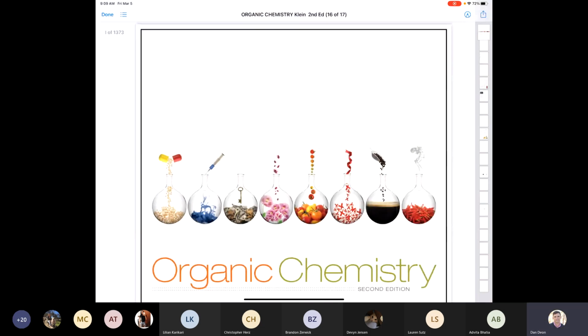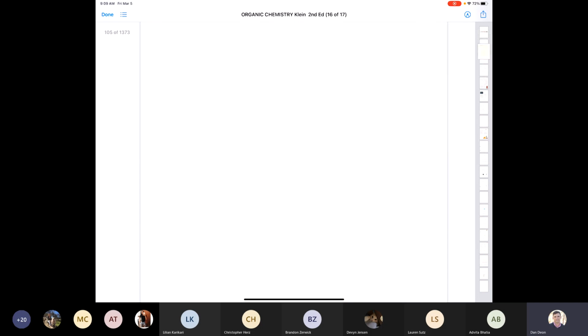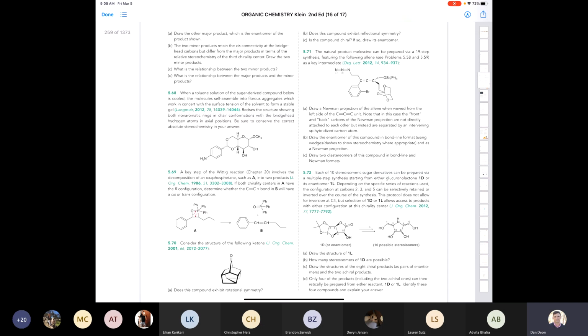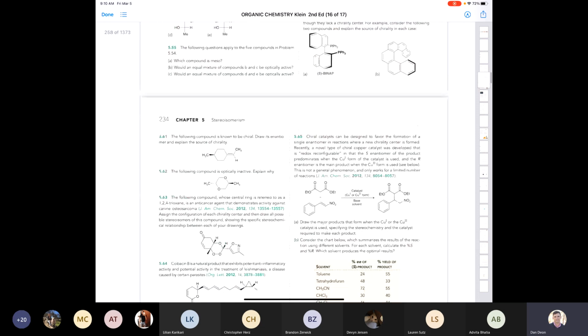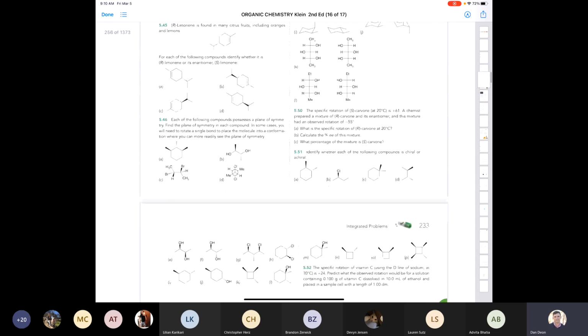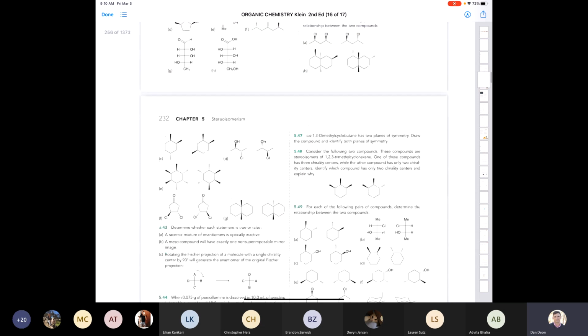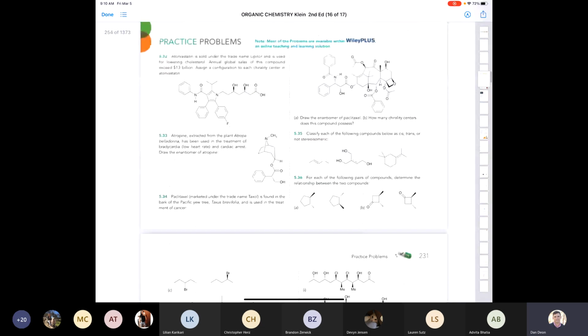I'm not sure how to project our textbook and be able to write on it because I don't have a PDF of it, but I do have a PDF of the old version of the textbook, which I cannot share, by the way. But anyhow, I have a PDF of the old version of the textbook, and it's very similar to our version of the textbook. And I want to show you some of the concepts that I want you to have down pat for the quiz.